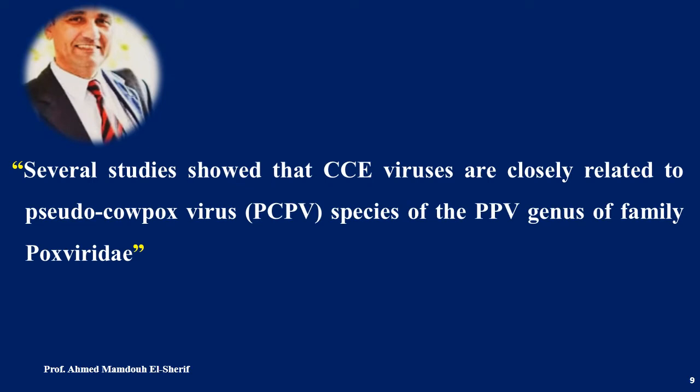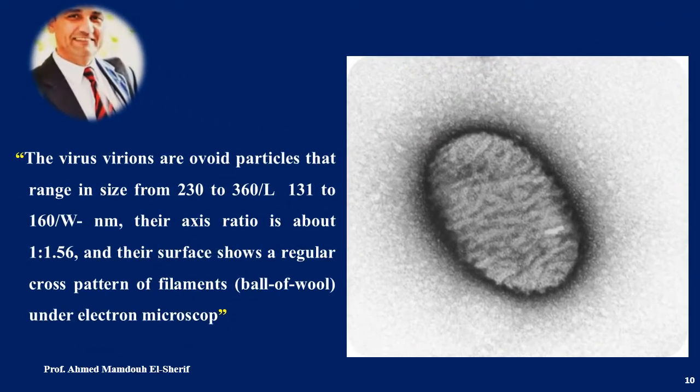Several studies showed that CCE viruses are closely related to pseudo-cowpox virus species of the parapox virus genus of family Poxviridae. The virus virions are ovoid particles that range in size from 230 to 360 nanometers in length and 131 to 160 nanometers in width.